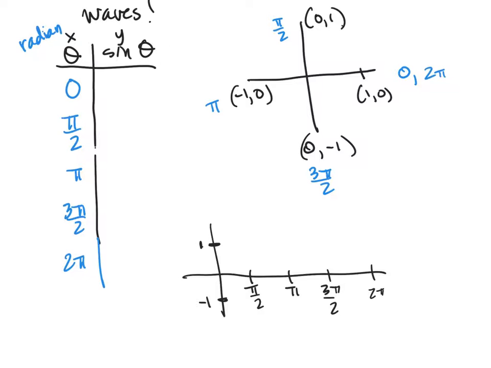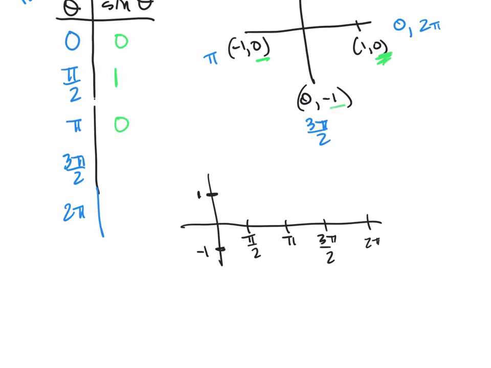When we're starting at 0 for the input here, our y value is 0. When we're at pi over 2, our y value is 1. When we are at pi, we are back to 0. When we are at 3 pi over 2, the y value is negative 1, and 2 pi goes back to 0. So we're going to plot those points on this graph.